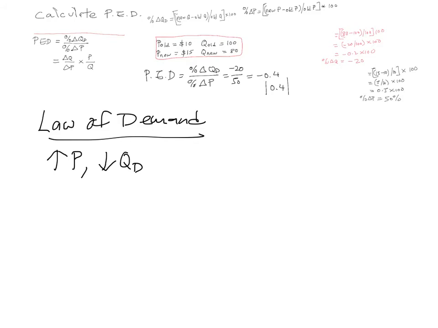In this situation, you increase the price by 1%, and you will decrease the quantity demanded, so negative, by 0.4%. So that's what it means. That's our law of demand.